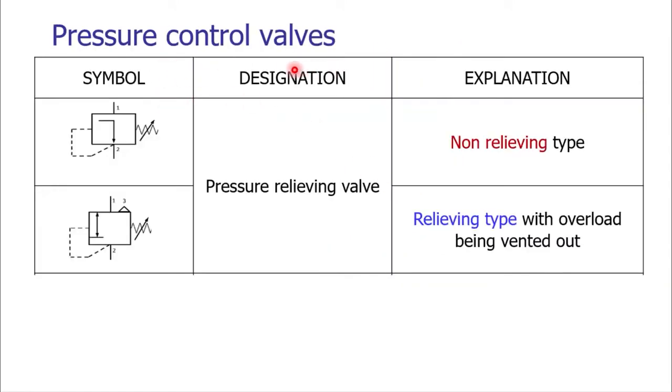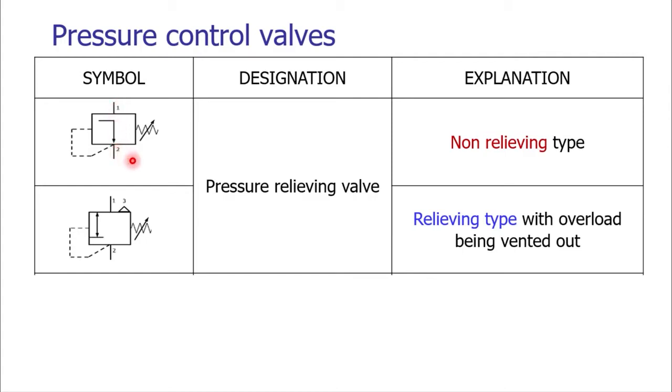Now the pressure control valves are designated in the typical way which we have seen in hydraulic circuits as well. The non-relieving valve can be represented by a square with an arrow, and there is a spring with an inclined arrow, which indicates we can set the spring force. When the load pressure or the output pressure is more, the valve will be opened and connected to the input port.